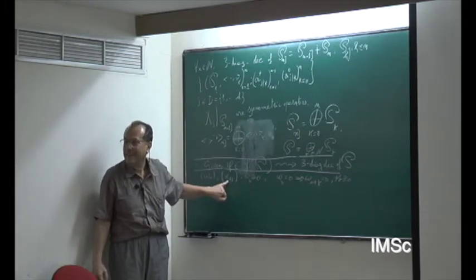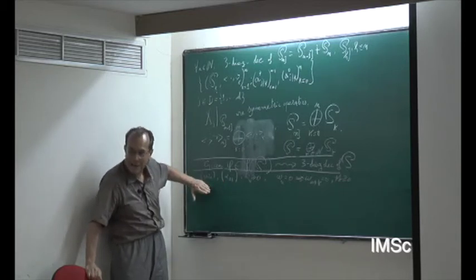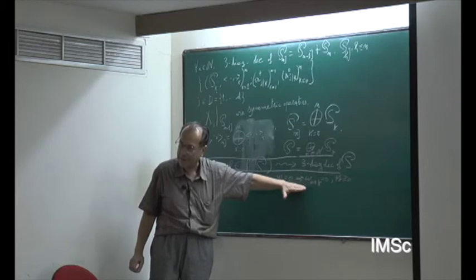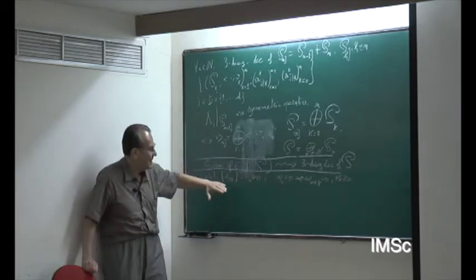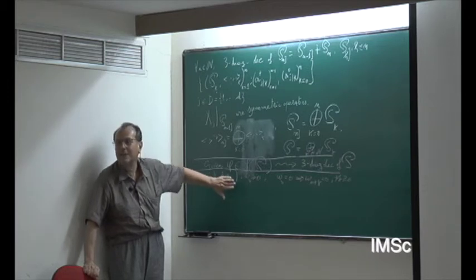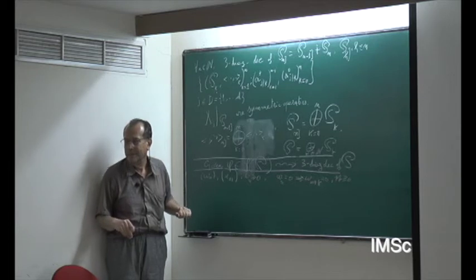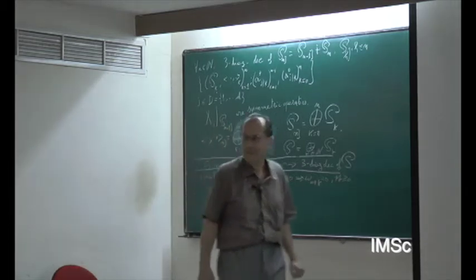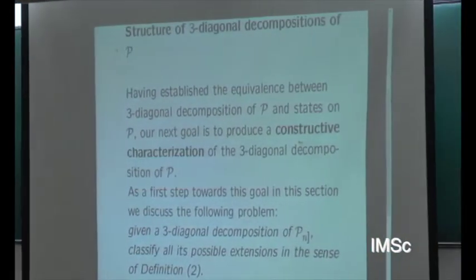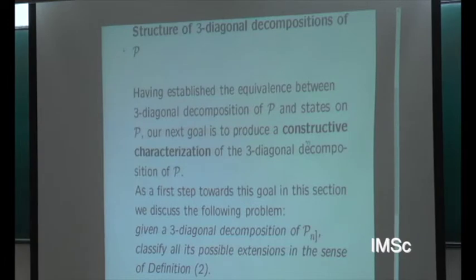This is a very constructive theorem because it tells me: take any sequence of positive numbers only restricted by this condition, take any arbitrary sequence of real numbers, then I give you a state on the polynomial algebra. Okay? And I want the analog for the multidimensional case. What is the analog of these two Jacobi sequences?